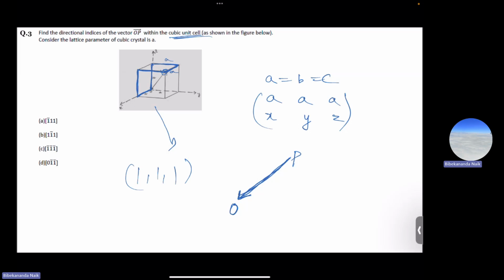But since the direction is opposite, if you replace the point, so now let's do the figure.